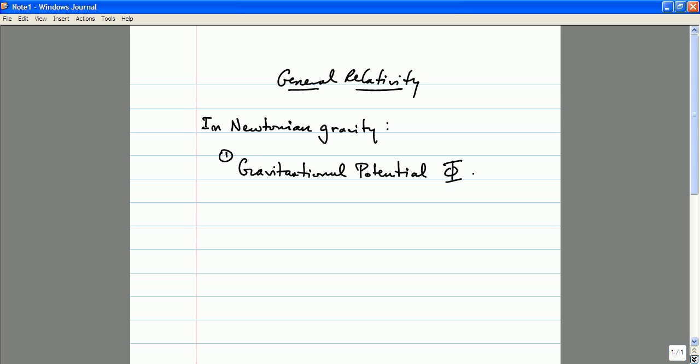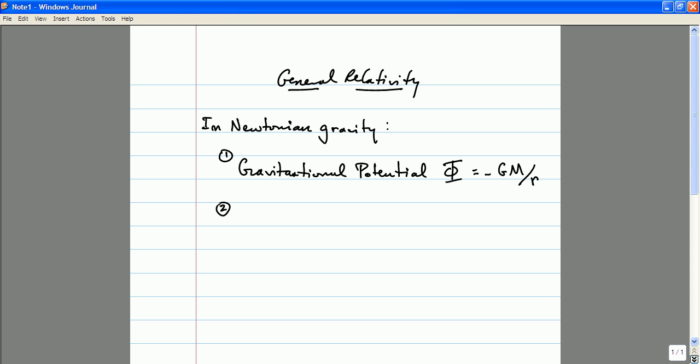But, for example, if you have a particle or an object with mass big M, and that object is spherically symmetric, then the gravitational potential is Newton's constant times the mass of the object divided by r, the distance to the center of the object.